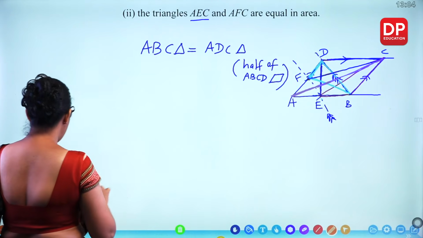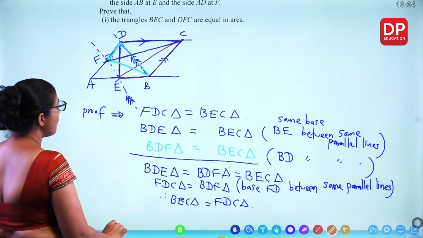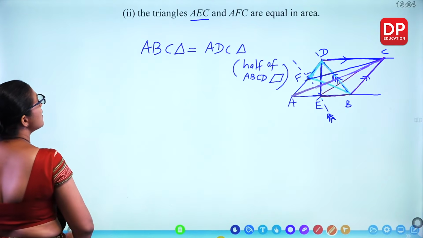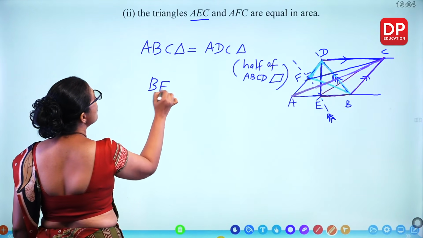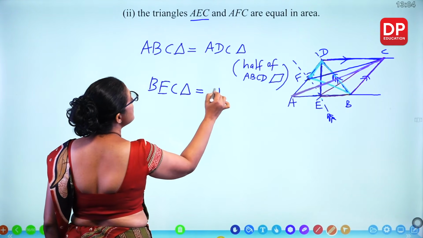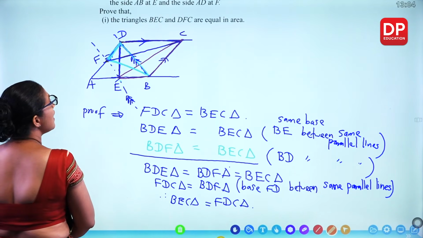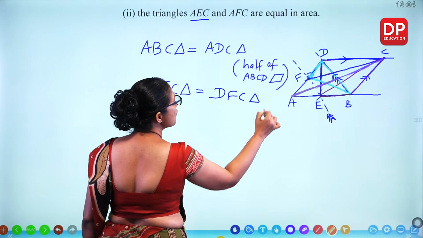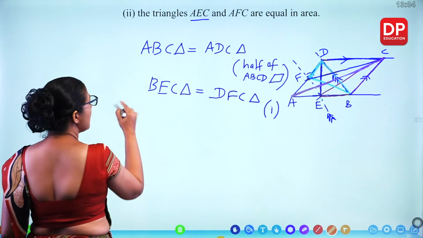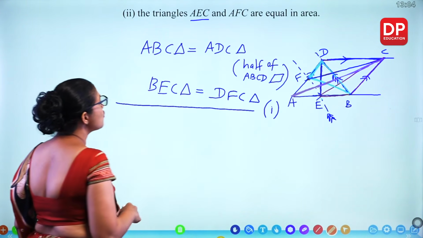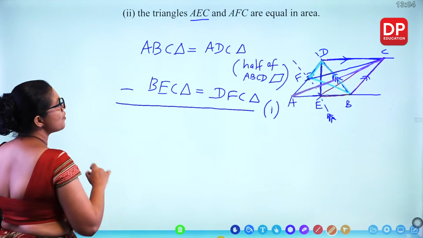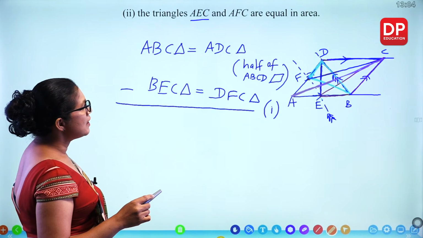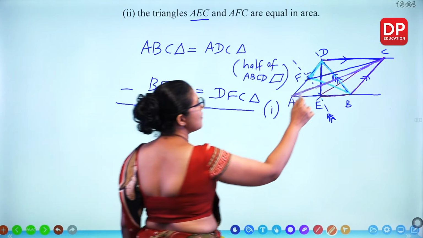And from the previous part, we found that BEC is equal to DFC triangle. That's from part 1. Now we'll subtract these two. When you subtract BEC from ABC triangle, what do you get?